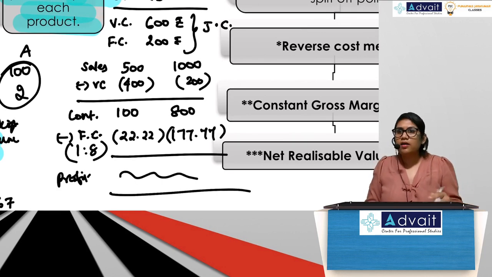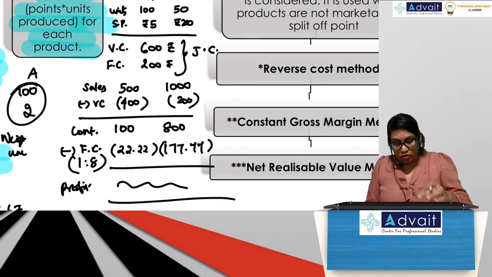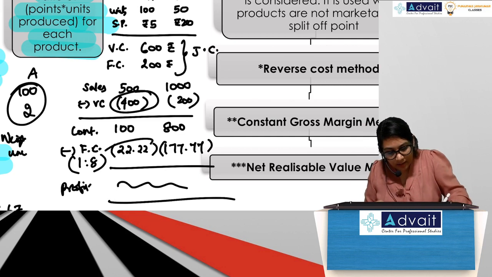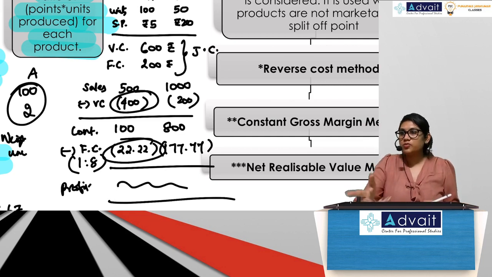So how did I split my costs? Variable cost was split using quantity ratio. Fixed cost was split using contribution ratio. So if I ask you what is the total cost associated with A, what will you tell me? 400 plus 22.22. That's how I've split my joint cost.